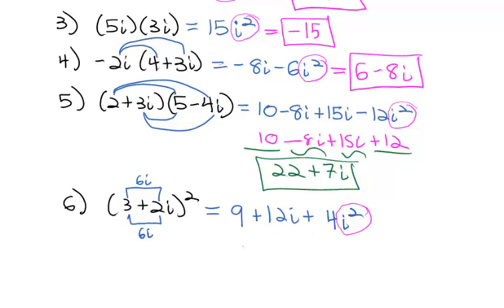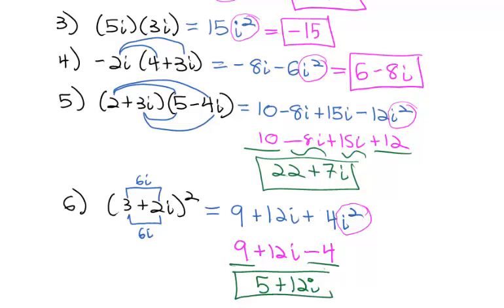I squared is negative 1, so we have 9 plus 12i plus 4 times negative 1 is negative 4. So when we combine like terms, 9 minus 4 is 5, plus 12i. We have now squared this complex number.